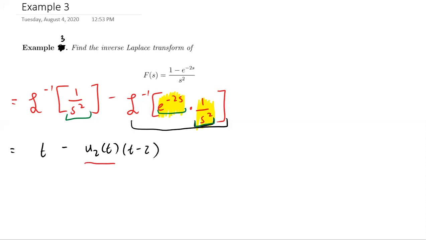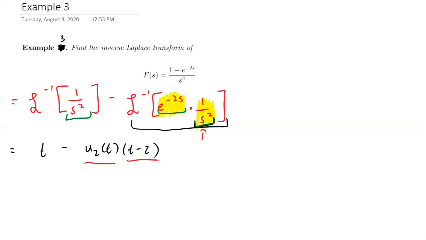So in the exponential we have minus 2, so the shift is 2. And then here we should have the shifted version of whatever we have here. So this is the Laplace transform of t. We want to shift it 2 units, so we get t minus 2. So very simple, as long as you can write it in the right form. Okay?